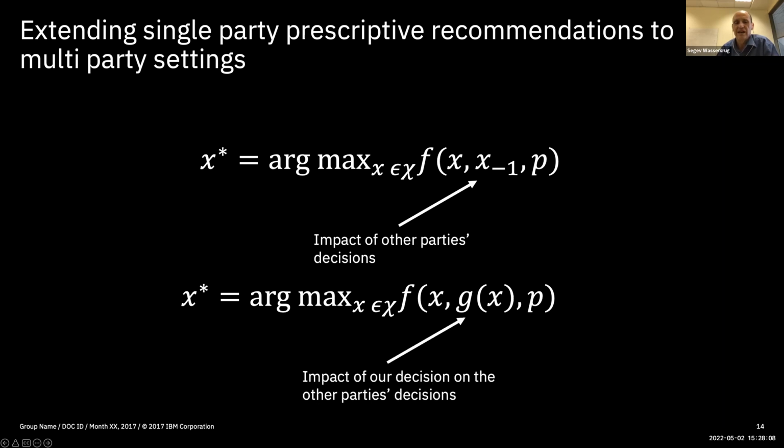So now we have to have this function of not just adding these other parties' decisions, but also taking into account how the decisions we make will impact them. All right, so this is actually, again, quite informally what we need to model.